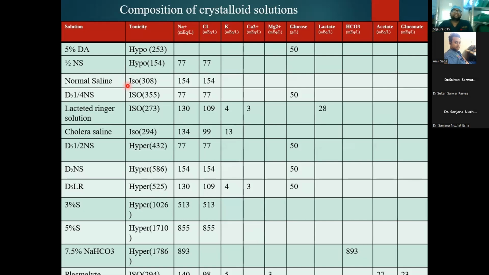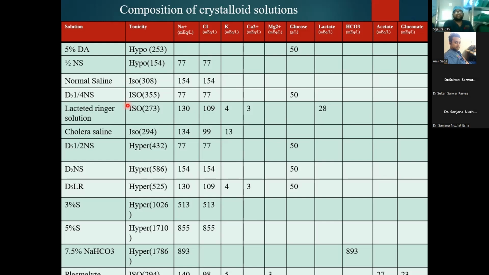Normal saline osmolarity is 308, which is close to plasma osmolarity. But when we infuse more normal saline, it causes hyperchloremic metabolic acidosis.